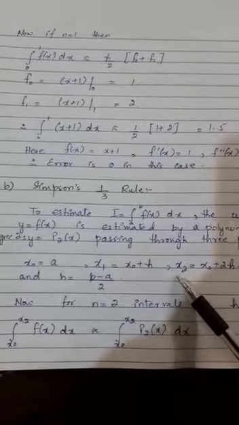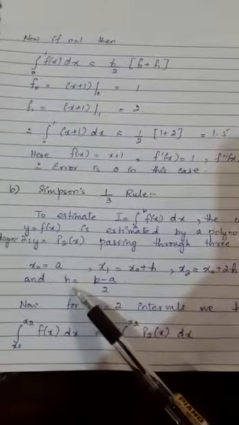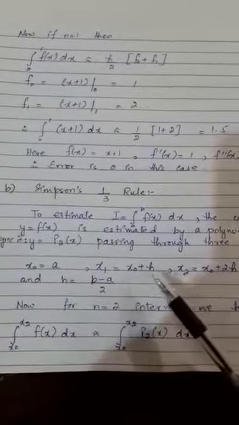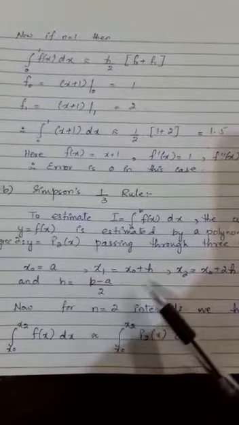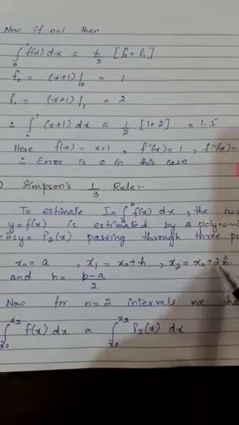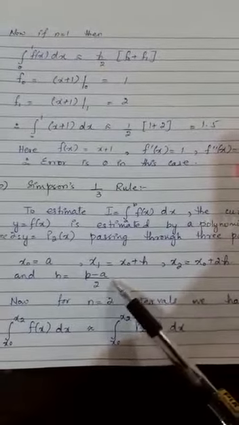With 3 points we have two intervals. So when I put n equal to 2, I have h equal to b minus a over 2. Over here you can see that x2 minus x0 over 2 is equal to h, and x2 would be the final point, right?